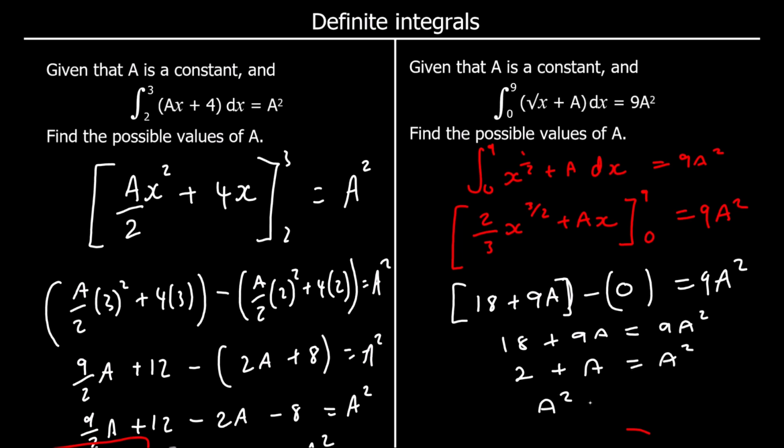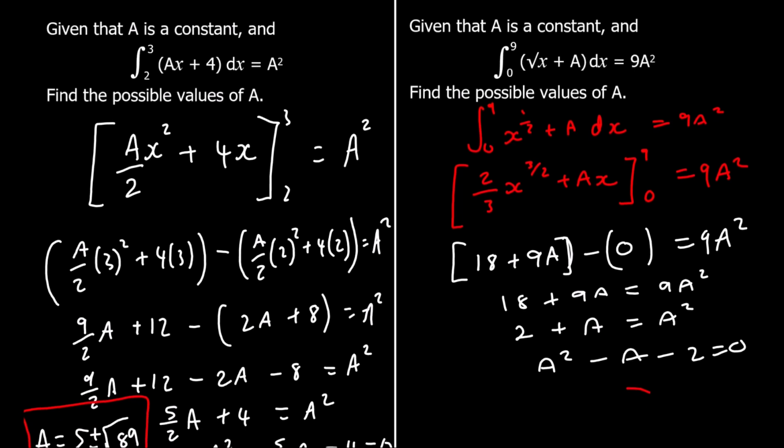Make it equal to 0. So a squared minus a minus 2 equals 0. And I can factorize. It's 2 and 1. So a plus 1 and a minus 2. So a can be -1 or +2.